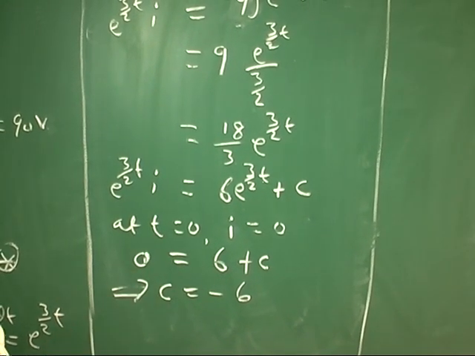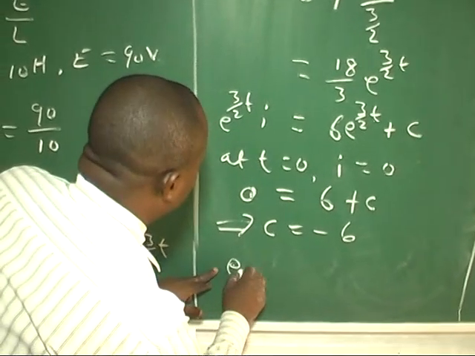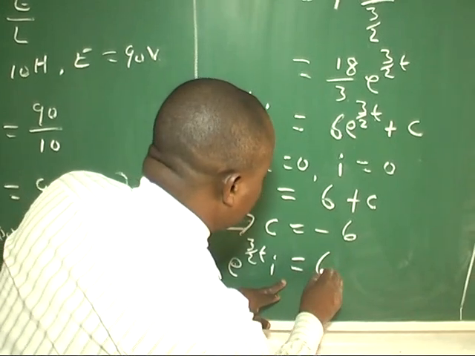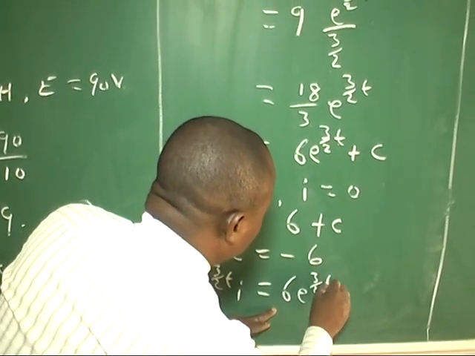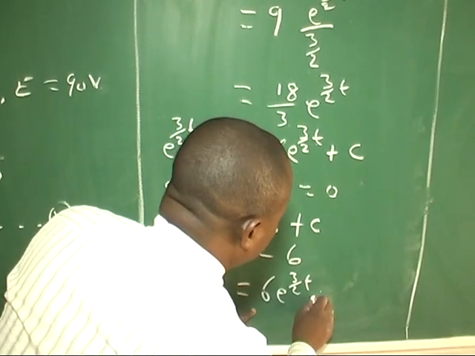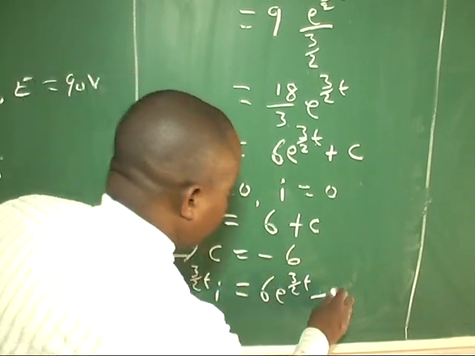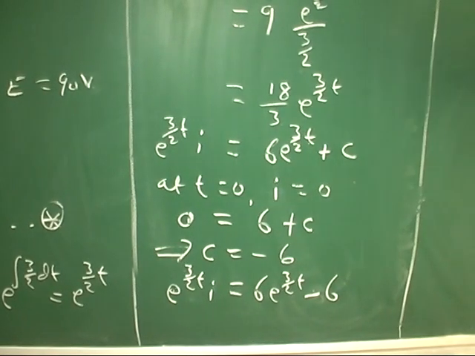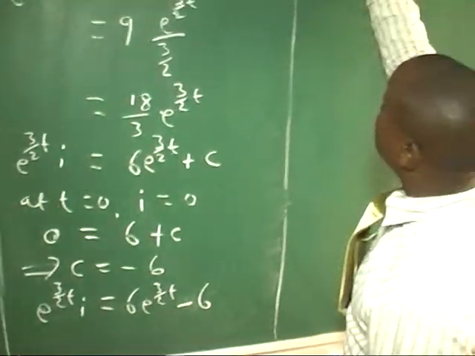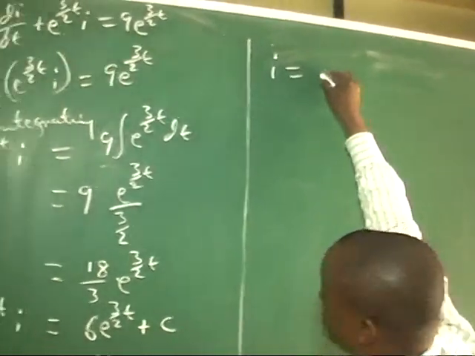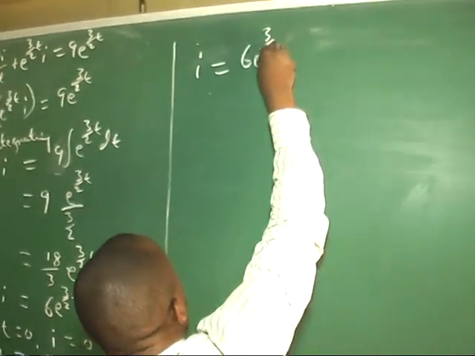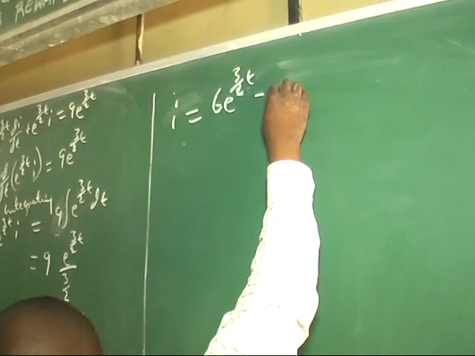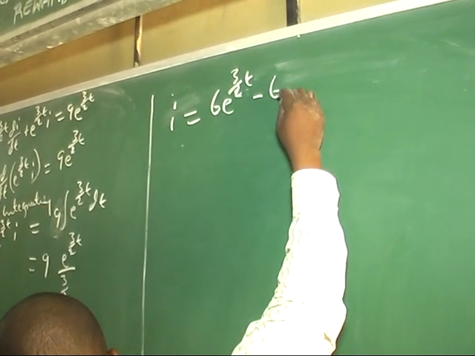So now that I want to put t, I have that exponential 3 over 2 t times I will be equal to 6 exponential 3 over 2 t plus, okay, this is minus because c is minus 6, and that will give us that I is equal to 6 exponential 3 over 2 t minus 6.